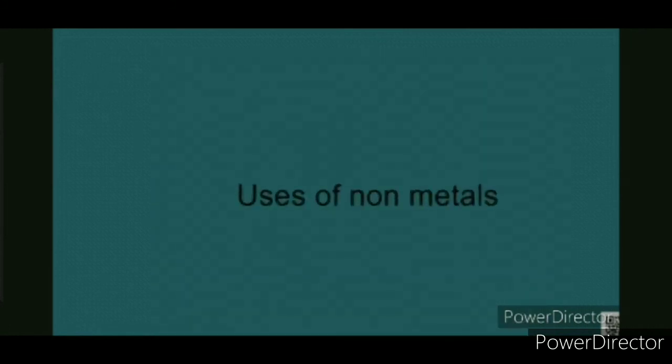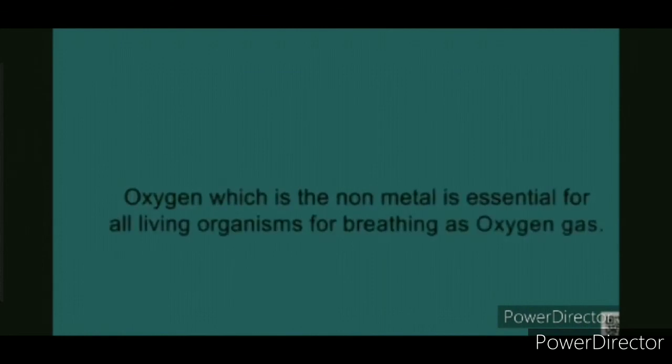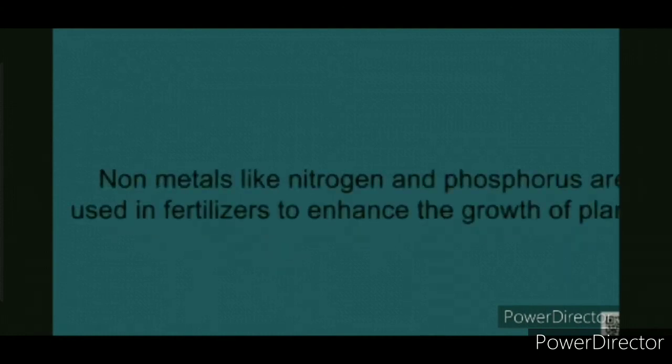Now let us see some uses of non-metals. Oxygen, which is a non-metal, is essential for all living organisms for breathing. Non-metals like nitrogen and phosphorus are used in fertilizers to enhance the growth of plants and increase the fertility of the soil.